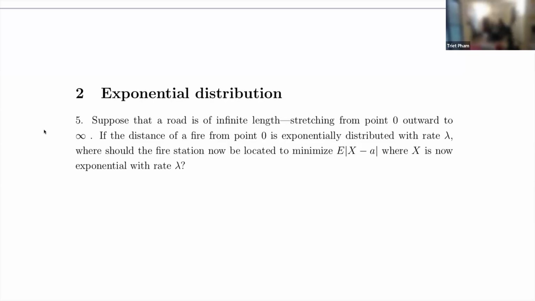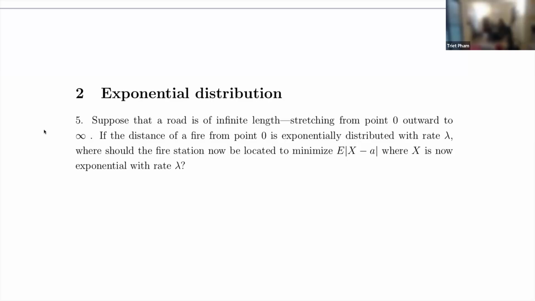But this one, of course, changes: instead of having a uniform from 0 to big A, a finite length road, we have an infinite length road, with an exponential lambda distribution. And as I said, this changes everything, because the exponential is a non-symmetric distribution.